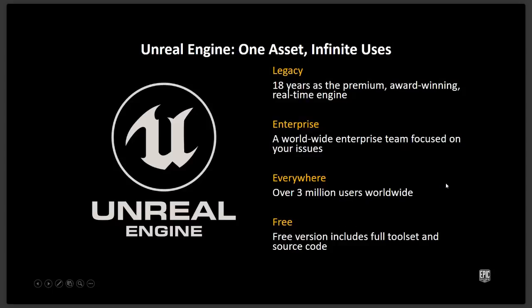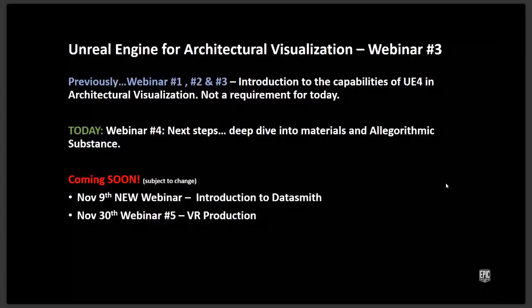So in this architectural webinar, number 4, webinars 1, 2, and 3 were really more of an introduction to the capabilities of architectural visualization, not necessarily a requirement for today. In the previous one, we covered some data import and data preparation and lighting.